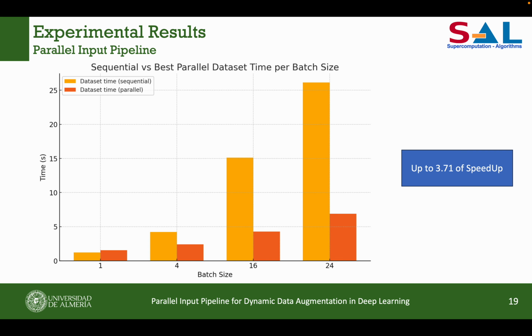As you can see, when having a larger batch size, in this case 24, the speed up is 3.71 with respect to the sequential version. So as the batch size is larger and the number of cores that are used is larger, the acceleration is higher in this case.